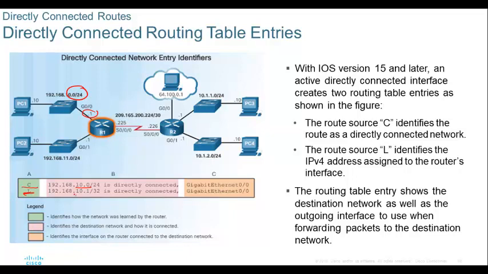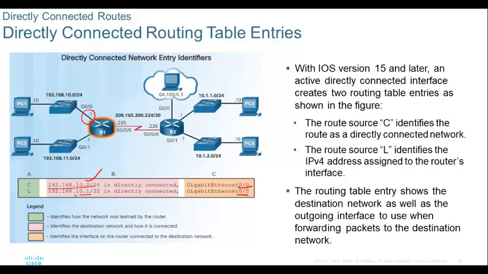So for all the connected networks, you will also see L. You can ignore it because it's the same thing. This is the network, and this is the IP on that interface of the network. See, both are on the same port, G0/0, so both talk about the same thing. One is talking about the network, the other one is talking about the IP on the link.